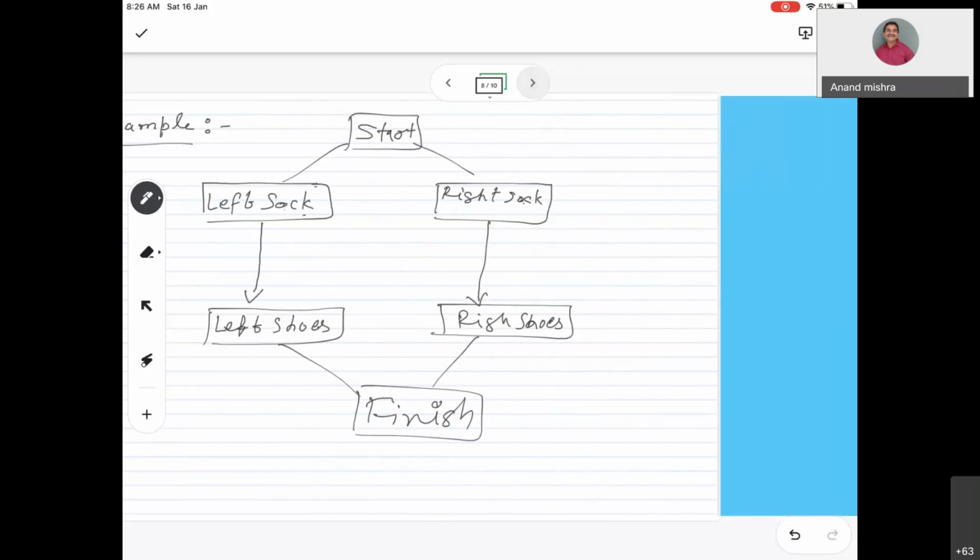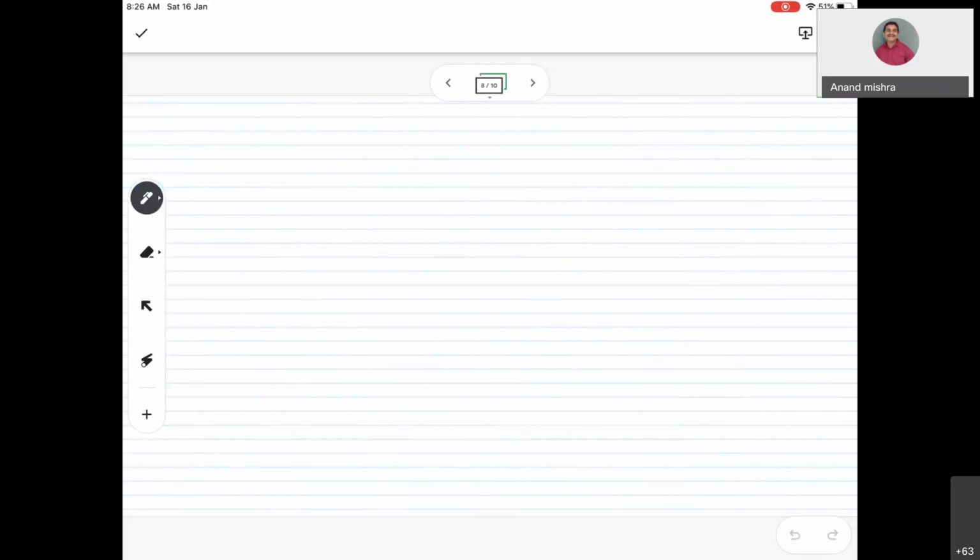So the first thing is we add two dummy steps or dummy operations. This is start, and this is finish. Now, can anyone tell me what is the precondition of start?